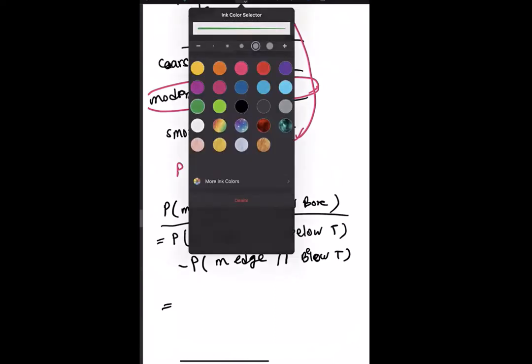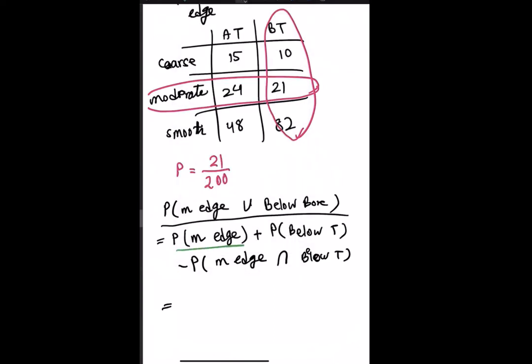The same one. The part has moderate age. The second row. That's how many parts? 45. Out of 200. What is the probability that the part has below target bore?